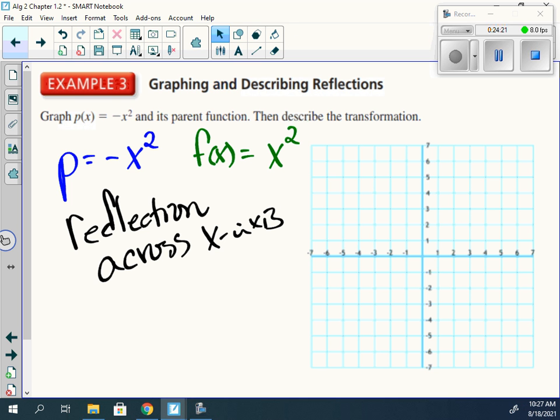It'd be a reflection across the x-axis. And that's it. That's all. The only thing they changed was the negative out front. Any questions on this here?